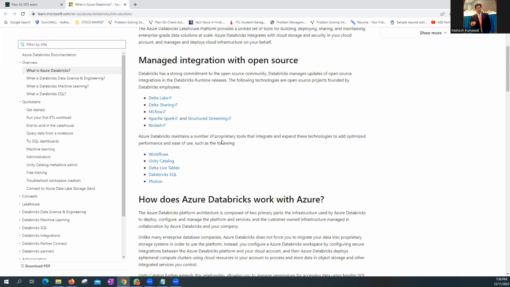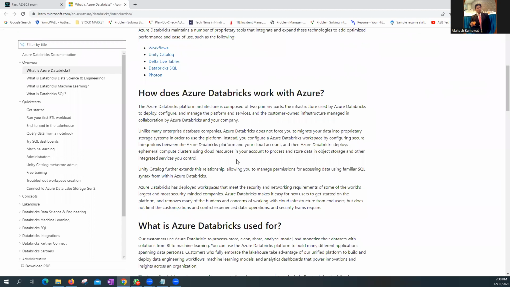If you're talking about more use cases, how you're going to use it in the gaming industry, healthcare, or different industries, the platform architecture is composed of two primary parts: the infrastructure used by Databricks to deploy, configure, and manage the platform services, and the customer-managed data collaboration by Azure Databricks in your company.